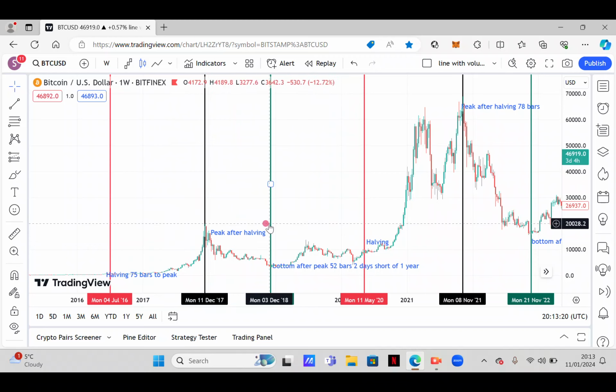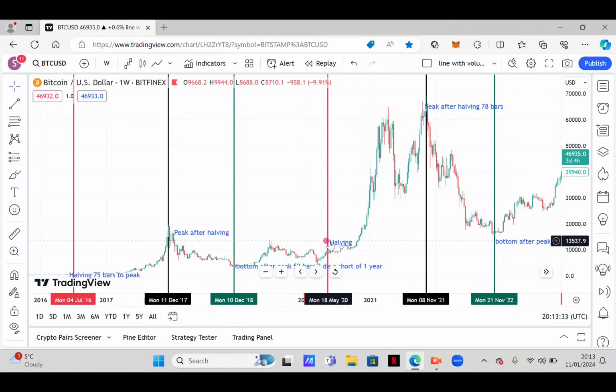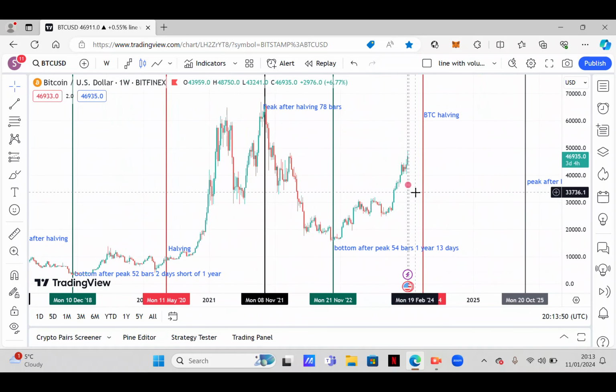From the peak to the bottom is approximately 1 year, in this case 1 year minus 1 day. Then we enter a phase of sideways or small pumps, which is irrelevant to us, because if you enter here, then it is upward. If you enter in 2018 and you exit in 2021, that's the aim. And then when we arrive at the halving, we know what is going to happen.